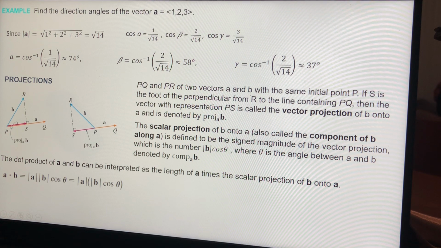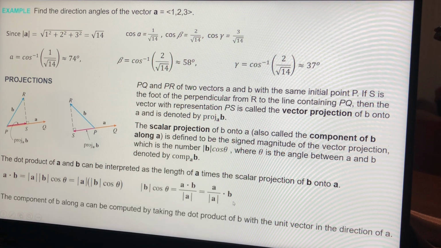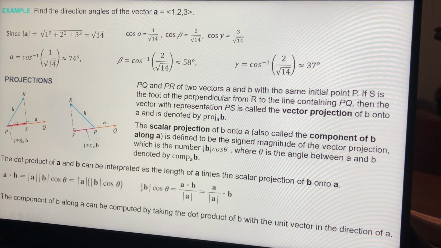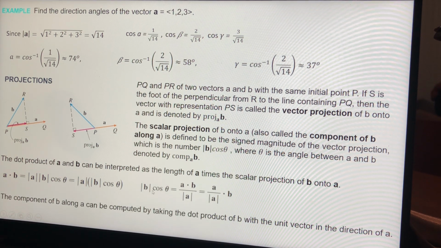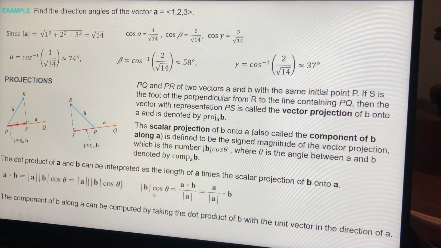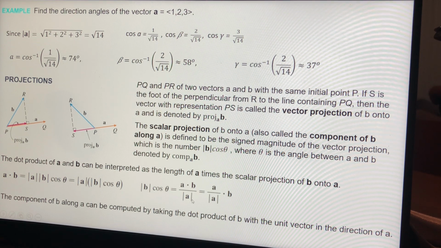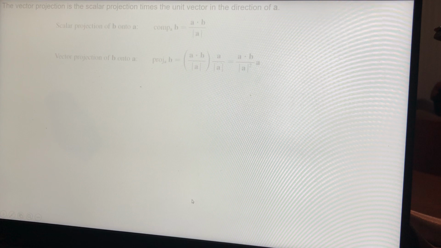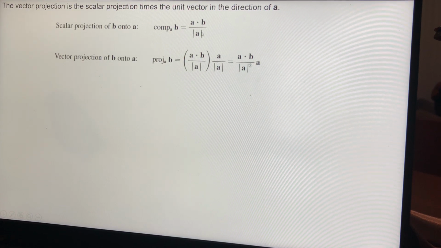This is exactly the scalar projection of B onto A. And if we solve this one, it will be A dot B over the length of A. So it's that easy. This is how you can find the scalar projection of B onto A. It is A dot B over the length of A. Okay?